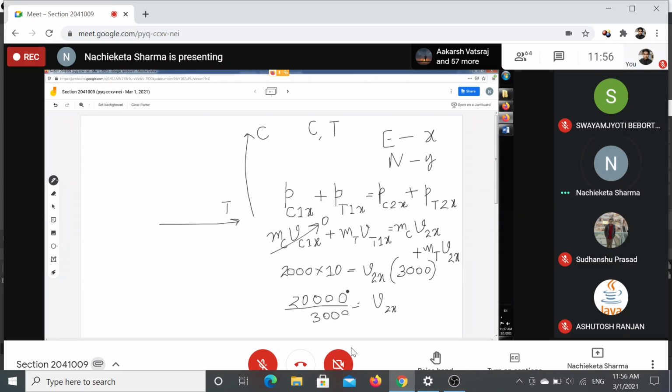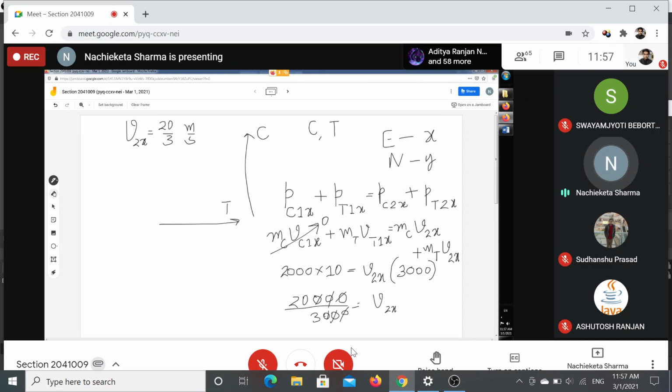So I get my v2x as 20 by 3 meter per second.